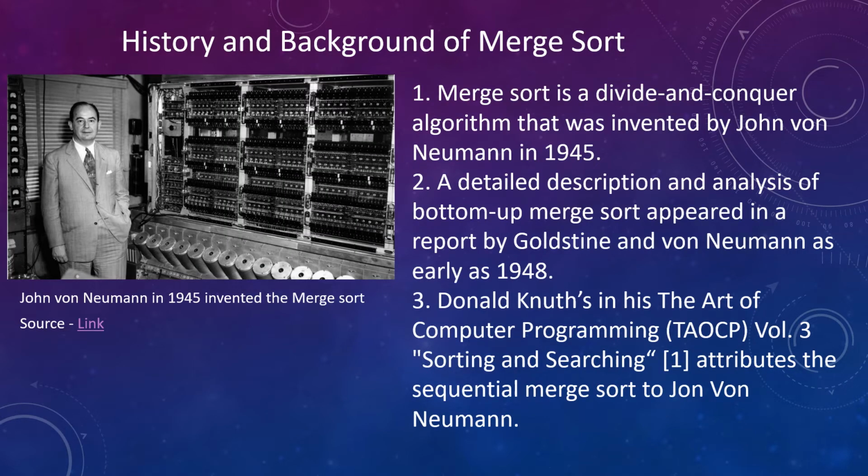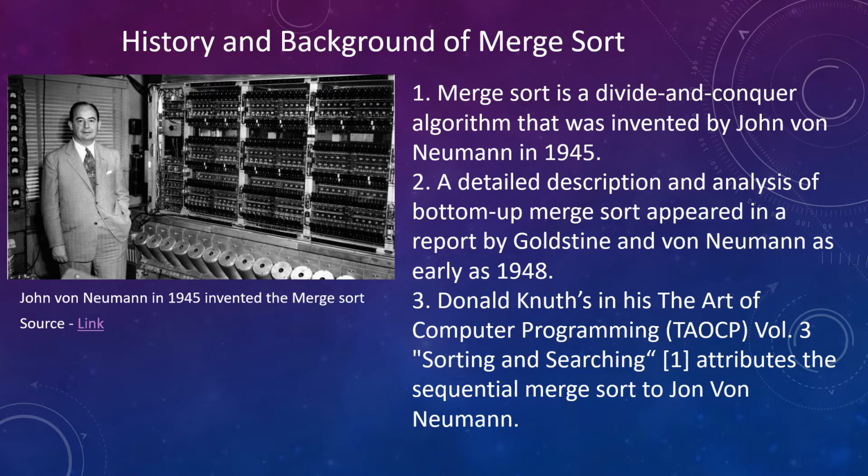Now let's understand some history and background of merge sort. Merge sort is a divide and conquer algorithm that was invented by John von Neumann in 1945. He was a brilliant scientist at the time.